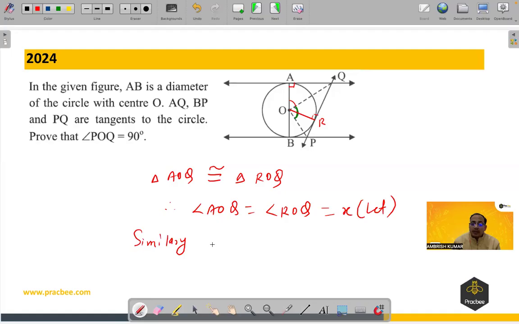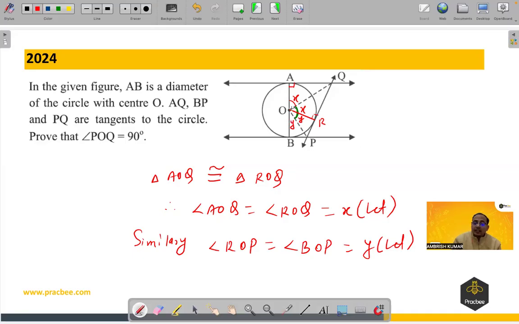So you will be having angle ROP equals to angle BOP. We are saying both equal to Y. We are assuming this. It means this is the angle X, this is the angle X, this is the angle Y, this is the angle Y, right?